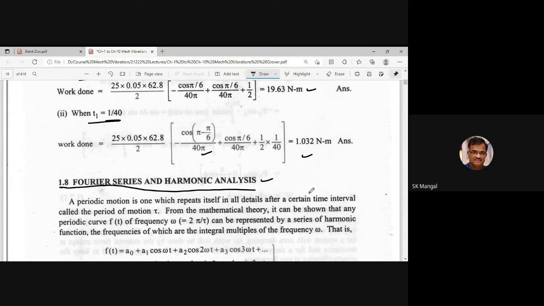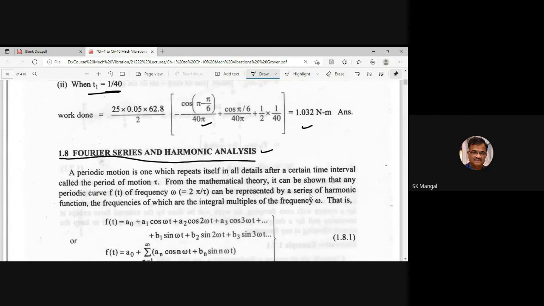As you know, periodic motion is one which repeats itself after a certain time interval, and this will have a time period of tau. For a mathematical treatment, this periodic motion can be represented by f(t) as a function of t, and having a frequency.